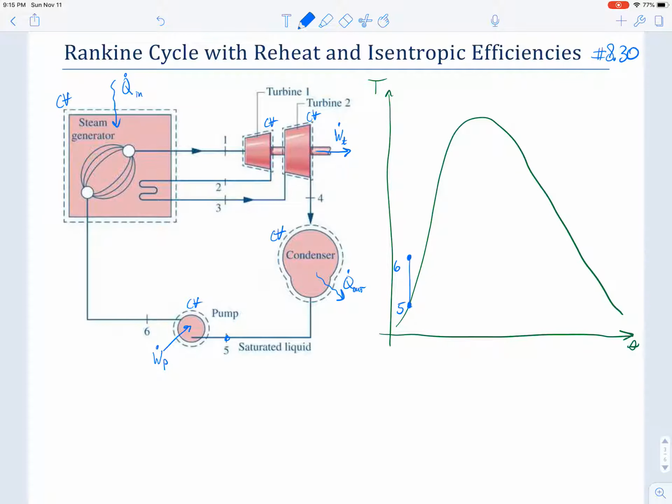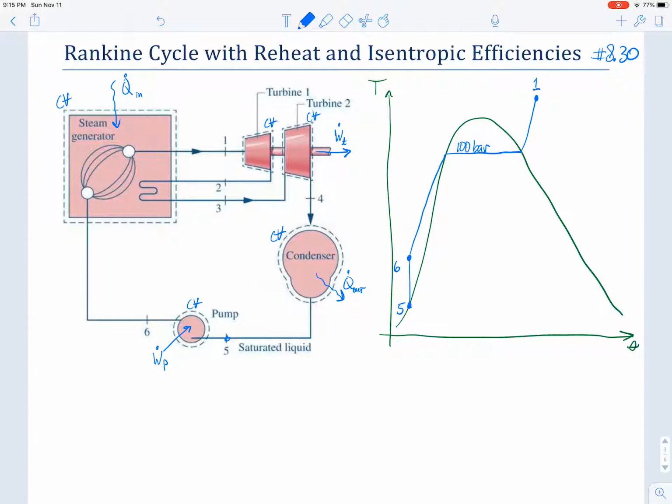And now I'm at my high pressure between state 6 and 1, passing through the boiler or the steam generator. So I'm going to follow this high pressure isobar. And the problem says this is at 100 bar. So the pressure here on this isobar is 100 bar pressure. And I go up to state 1. And state 1, the problem tells me, is at 480 Celsius.